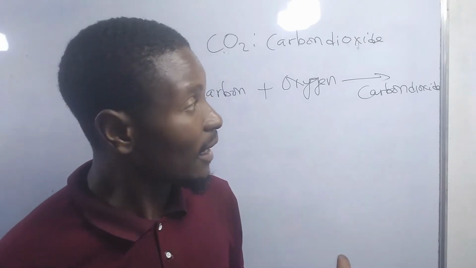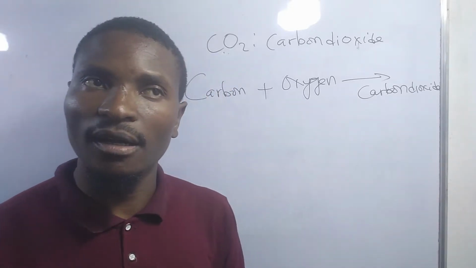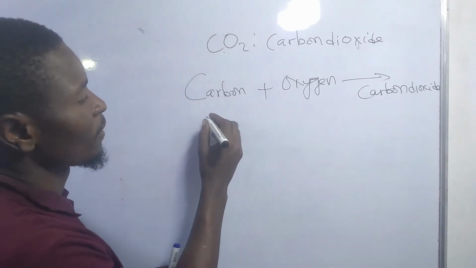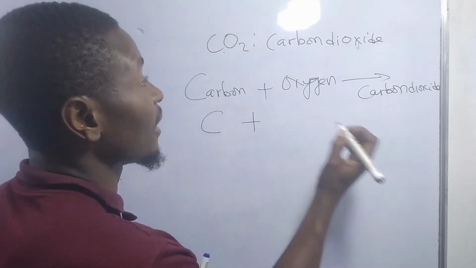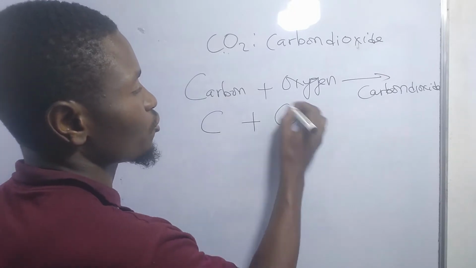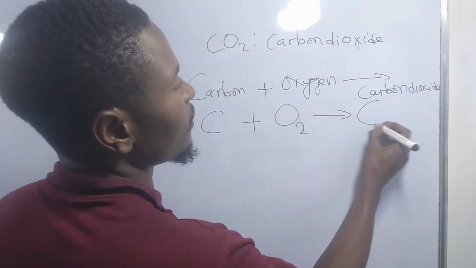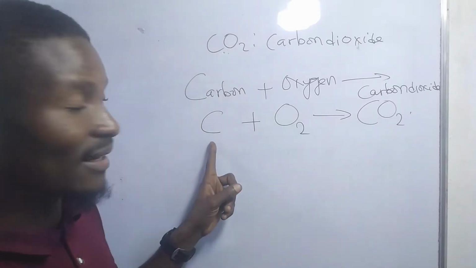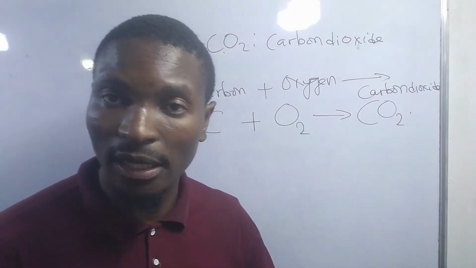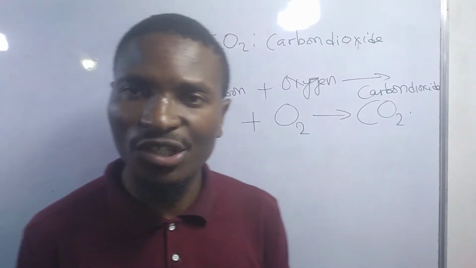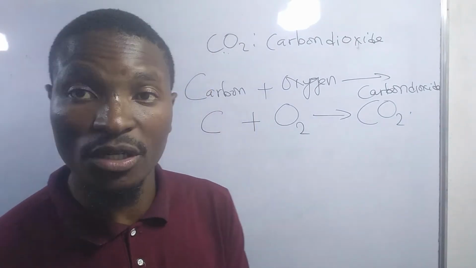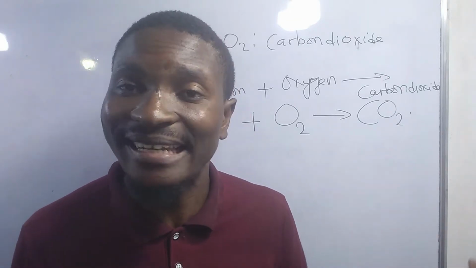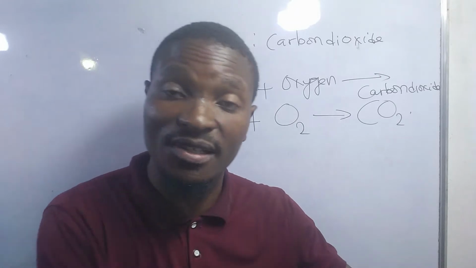Now, this is some kind of a weird equation to say, but in chemistry, everything should be chemically representable. So that's carbon, that's oxygen, that is now carbon dioxide. When you're talking about an empirical formula, you're simply talking about what is the combination of the oxygen as well as the carbon.